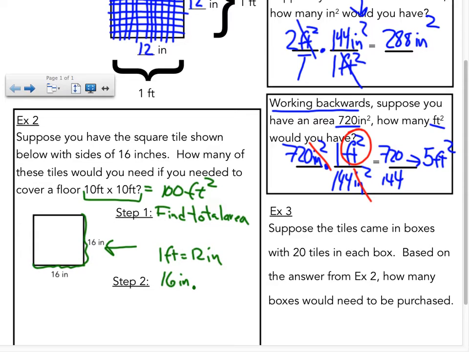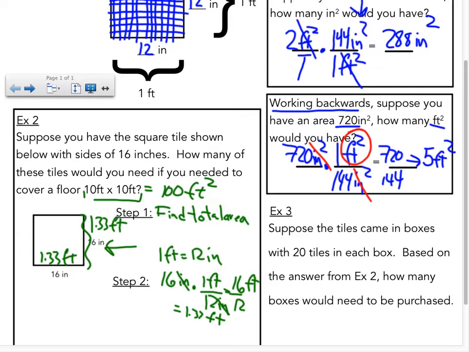If I take this times 1 foot is 12 inches, these cancel, and I'm going to get 16 over 12 feet for each of these lengths. 16 divided by 12 is 1.33 feet. So that means the dimensions of this thing are 1.33 feet by 1.33 feet.